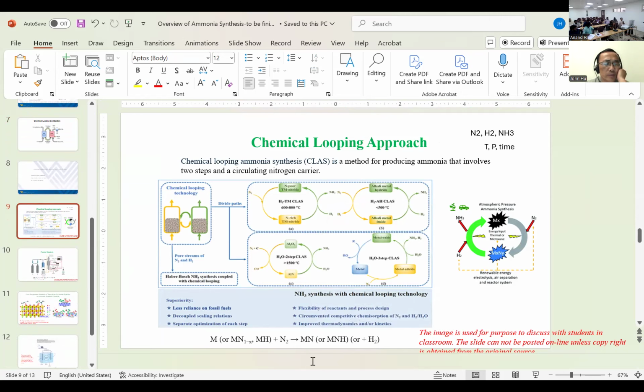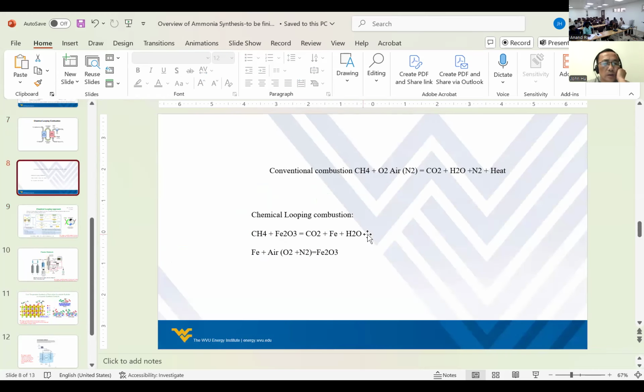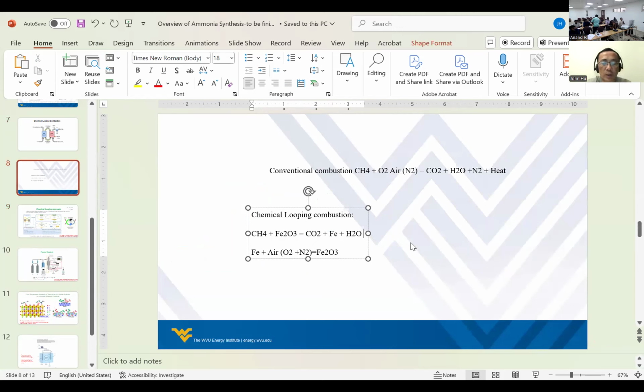Yes, sir. If previously we said methane reacts with metal oxide, then we will get carbon dioxide and hydrogen. Is there any heat from that reaction? Yes, that's oxidation. You are talking about this reaction. Thank you for the question. Yeah, there's heat coming out.